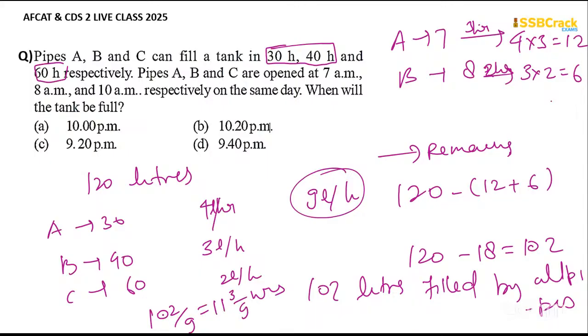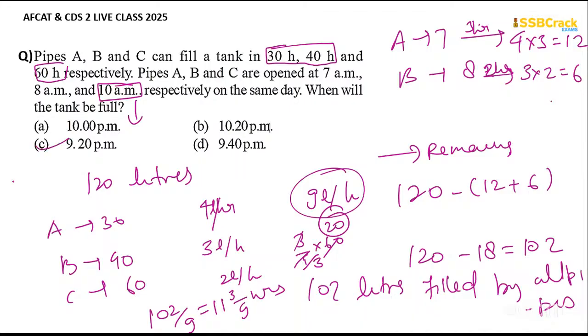From 10 a.m., since it is the last time when they all were open together, you need to add 11 hours and 3/9 of 60 minutes, which is 20 minutes. So adding 11 hours to 10 a.m. gives 9:20 p.m.